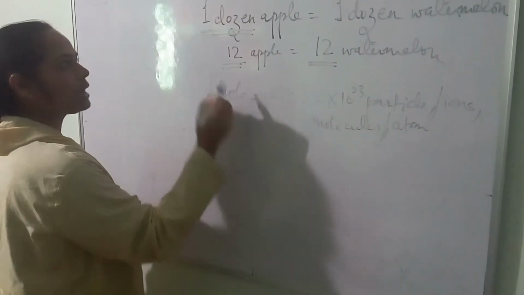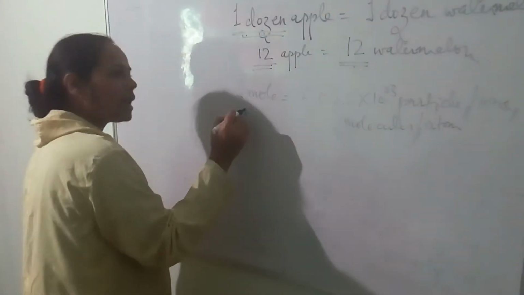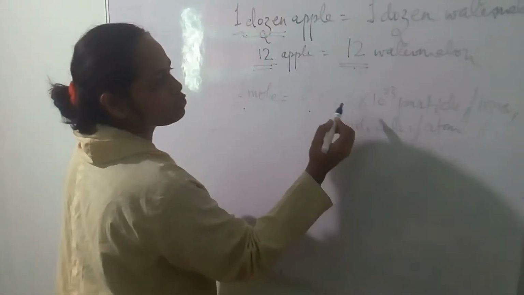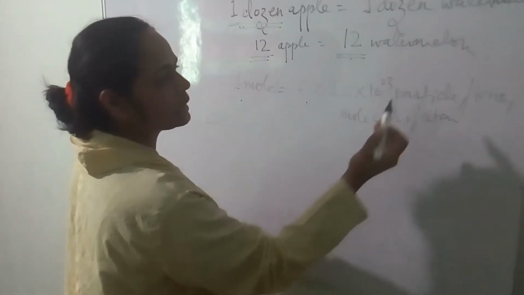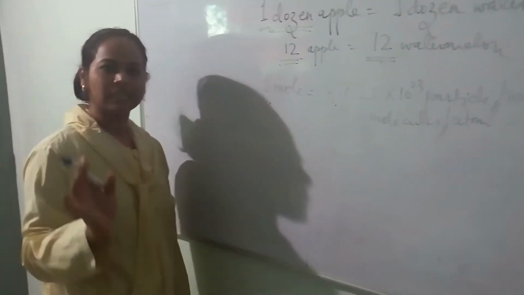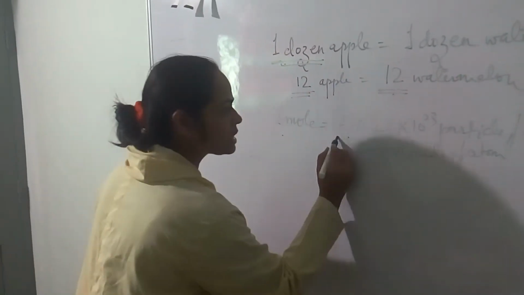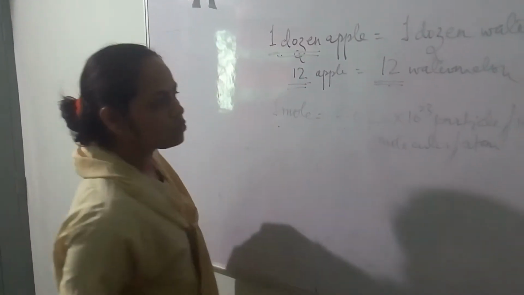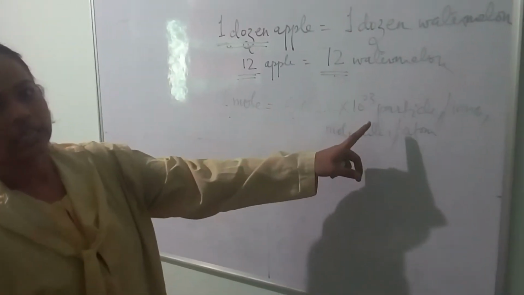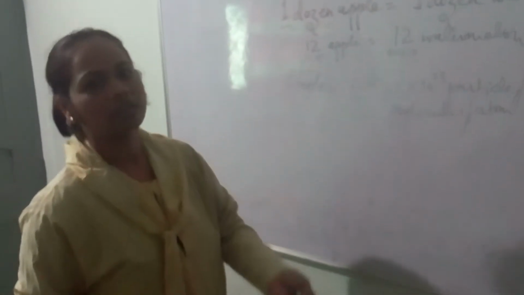So 1 dozen means 12, and 1 mole means 6.022 × 10^23 particles, ions or molecules. Taking any substance, 1 mole of that substance means 6.022 × 10^23 of it in numerical value.